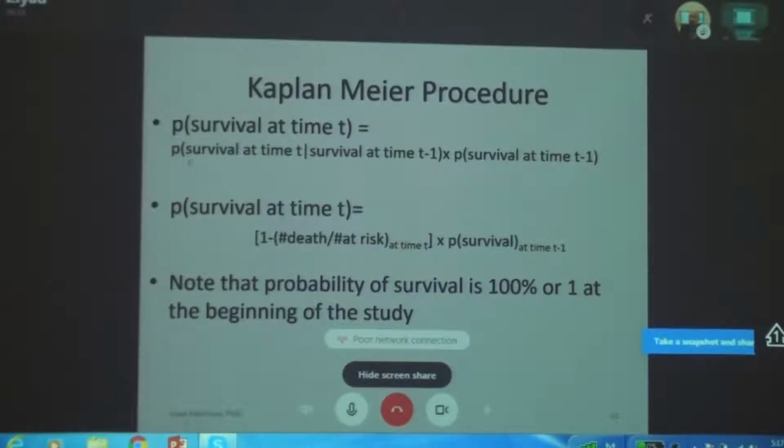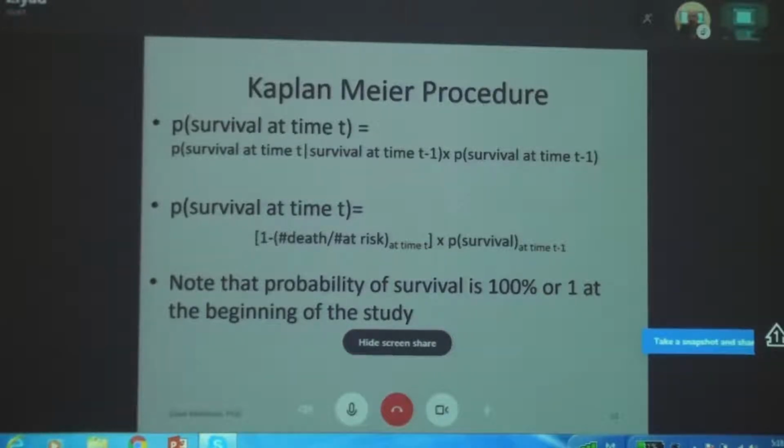And then he applied it by using this second one. He said the probability of survival at time t, given that you survived at time t minus 1, is 1 minus the number of deaths divided by the number of people at risk at time t. This is what is important, because for the denominator, when you say people at risk, if somebody has already been censored, they are not part of that at-risk group at that time.